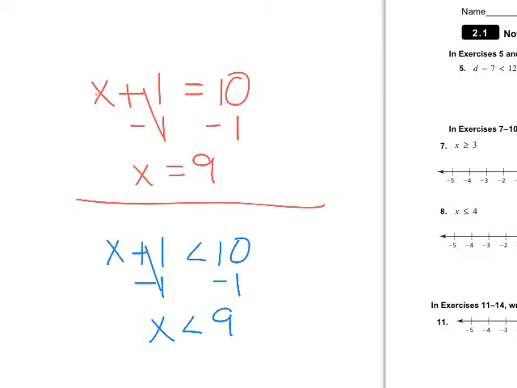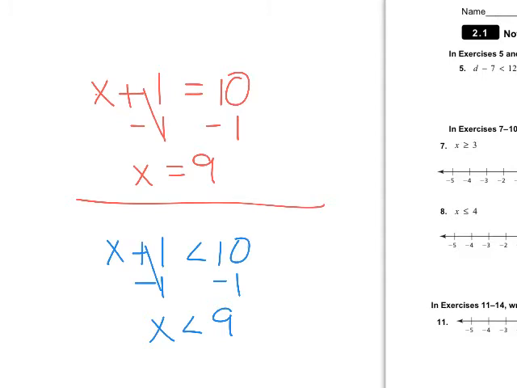Any number that is smaller than 9 would be an answer to this inequality, okay? So essentially, when we were trying to figure out solutions to equations, we would plug the number in and see if the equation was true, right? So now we can choose any number less than 9 to see if that inequality is true.